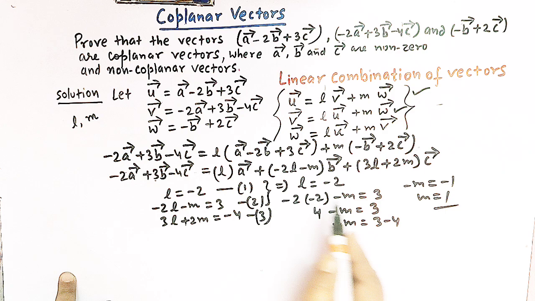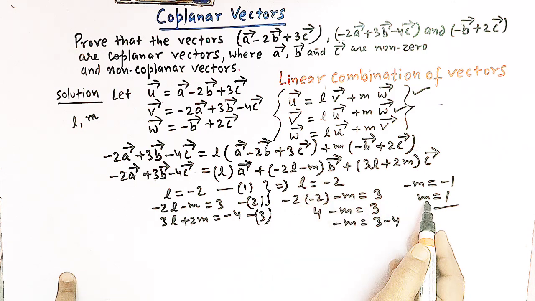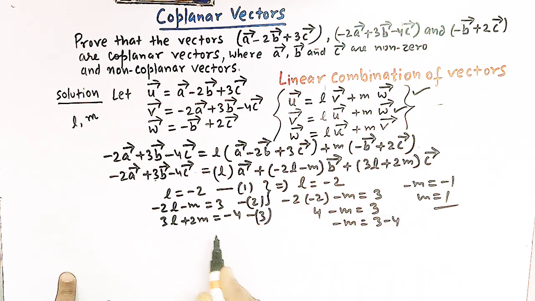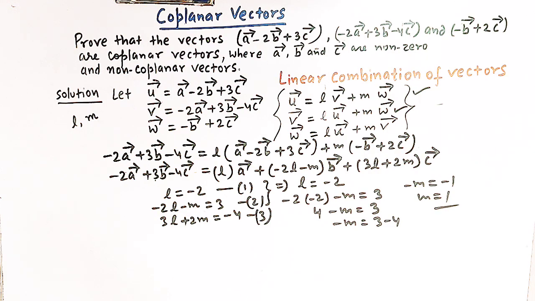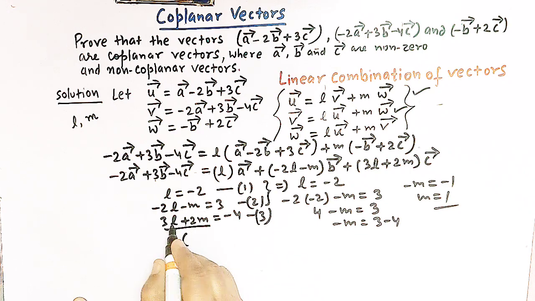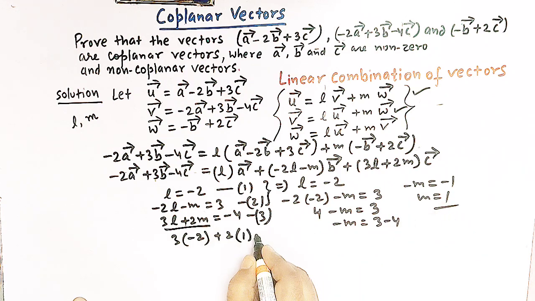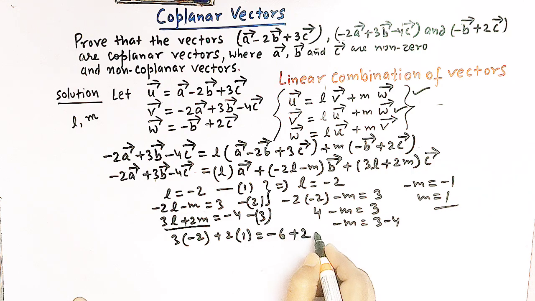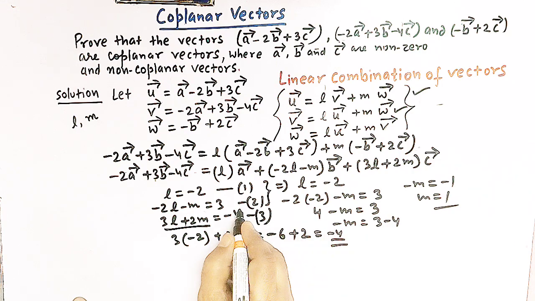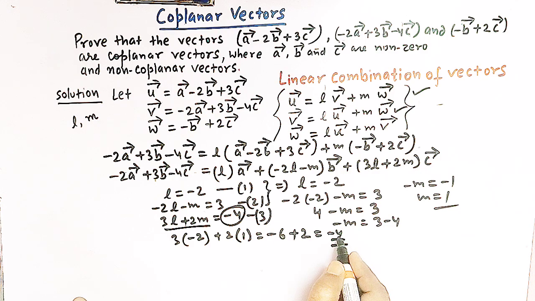So now let us see whether these values of L and M satisfy equation 3 or not. So here we have 3L plus 2M. So we have 3 times minus 2, then we have 2 times 1, that is equal to minus 6 plus 2, that is minus 4, and here we have a minus 4, right?